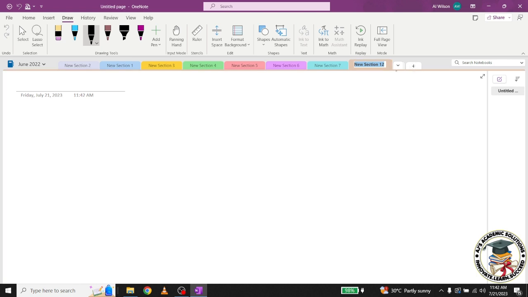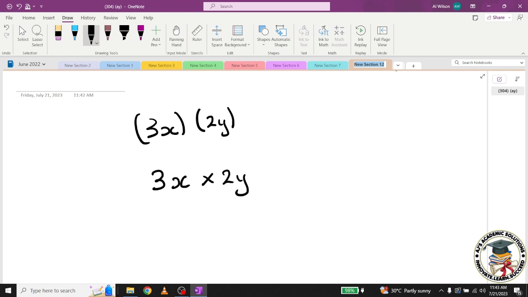Alright, so let's move into the next set of questions, wherein your problem looks like this. Let's say you're given 3x in a bracket, and in another bracket you have 2y. Remember, brackets mean to multiply. So we can rewrite this as 3x times 2y.